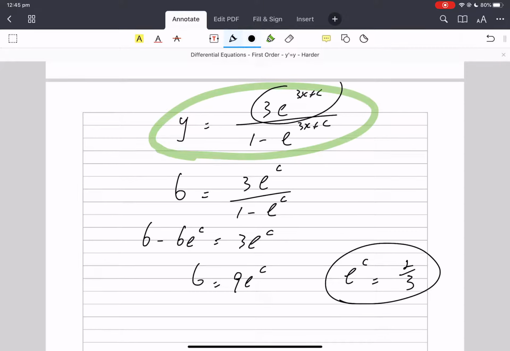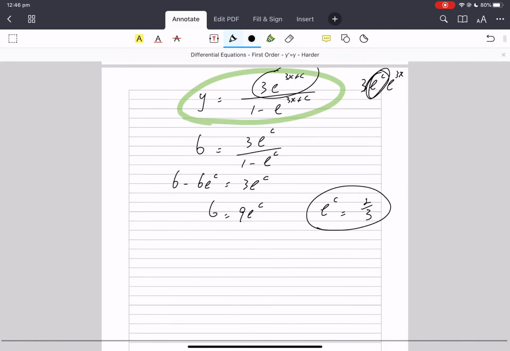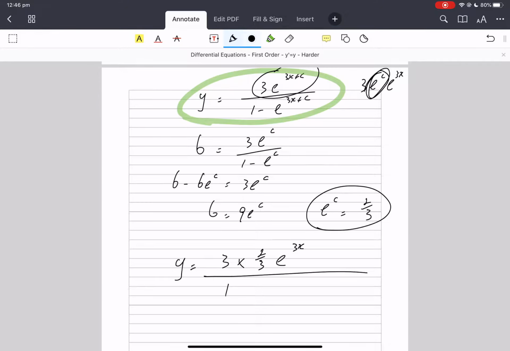So you can see that top line is really 3 e to the c e to the 3x, and we've just found that e to the c is 2/3. So when I rewrite it, 3 times e to the c e to the 3x on 2/3 e to the 3x.